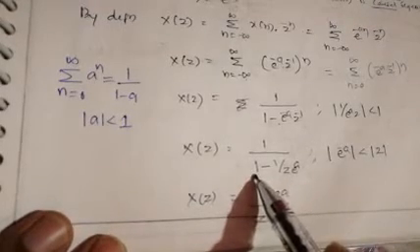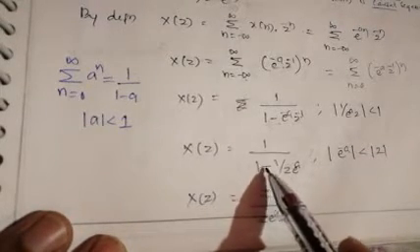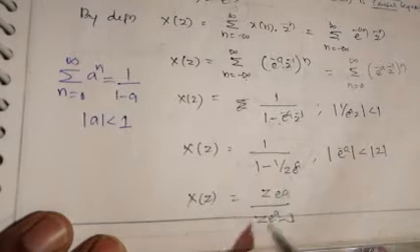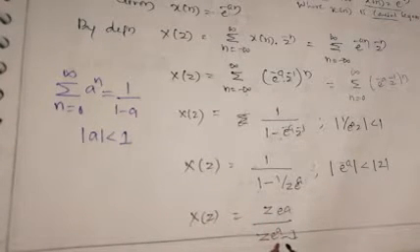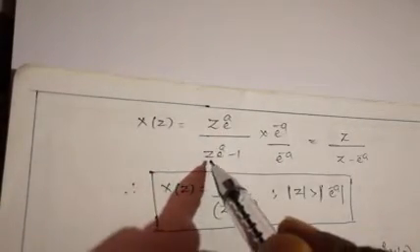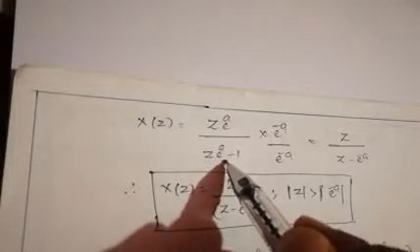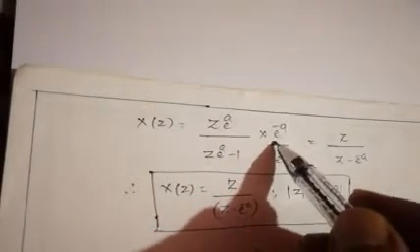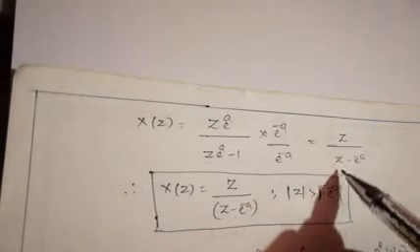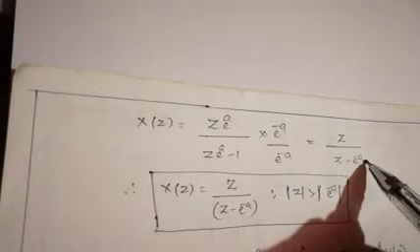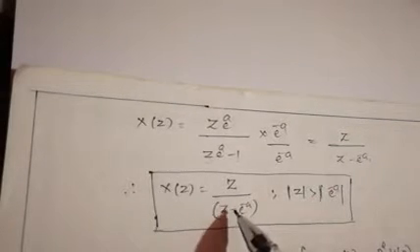It becomes z into e to the power a minus 1 whole divided by z into e to the power a. This term will go to the numerator. Hence x of z equal to z into e to the power a divided by z into e to the power a minus 1. Simplification, multiplying by e to the power minus a divided by e to the power minus a, it becomes z divided by z minus e to the power a.